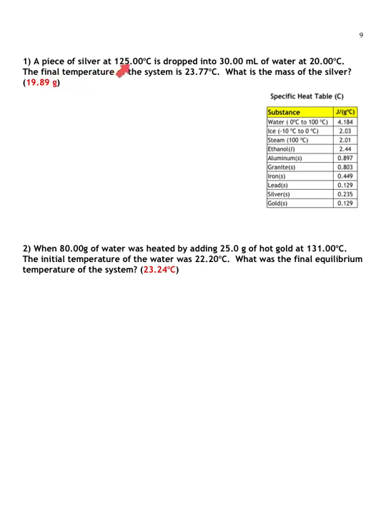Eventually, the heat is going to transfer from the silver to the water such that the final equilibrium temperature is 23.77. So the water's temperature is going to be heated up from 20 to 23.77 degrees Celsius. It's asking what is the mass of the silver.